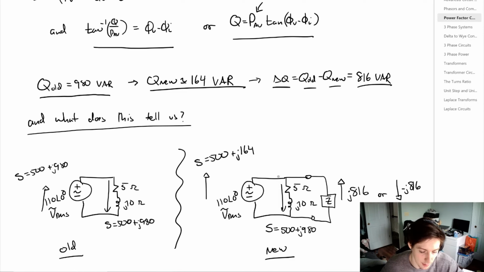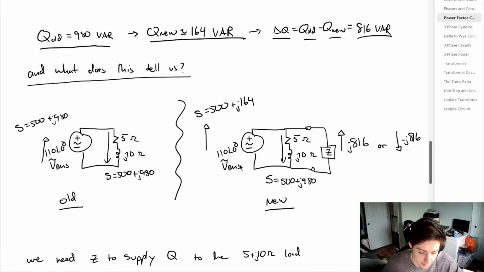So what does this really tell us? Well, if we look at our old system, we know that the power from our source was 500 plus j980 volt amps, and we delivered that to the load. And if we look at our new system, we know that the source needs to supply 500 plus j164 volt amps.